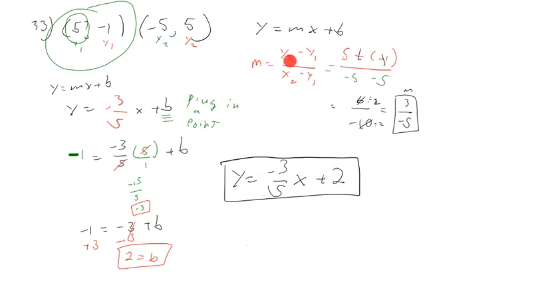You plugged in a point to find the b. I chose this one, you could choose this one, doesn't matter. But you find the b by using a point, plugging it into x and y. Here's your y, here's your x, plug in the point, find the b, plug it in to make your equation. Okay?